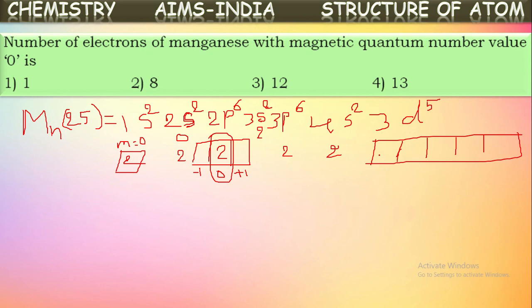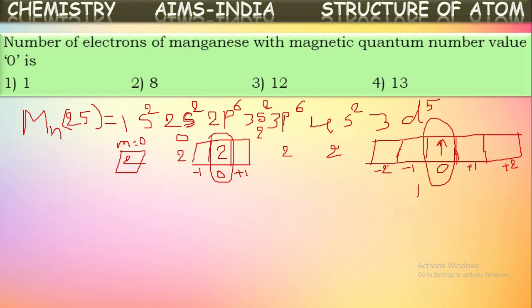Out of these 5 orbitals, the m values are -2, -1, 0, +1 and +2. So in this, the m value is 0 for one orbital. In that there is one electron, because there are 5 electrons in the d subshell. As per Hund's rule, all the degenerate orbitals will be occupied with a single electron. All will contain one electron. In the m equal to 0 orbital also, there is one electron.